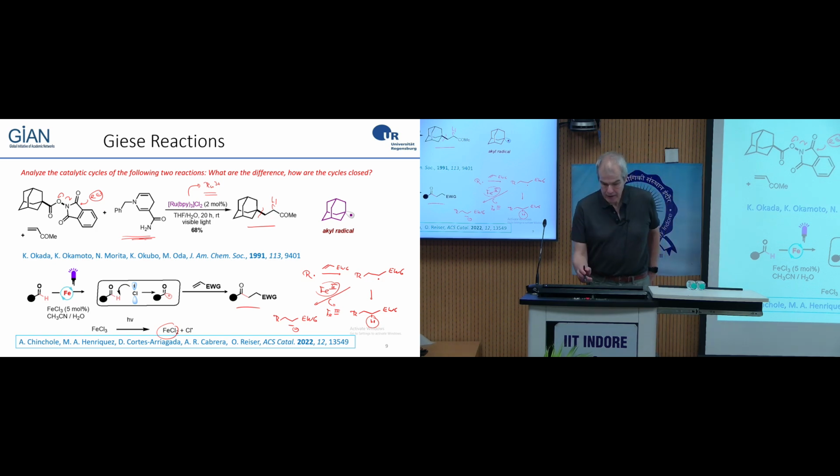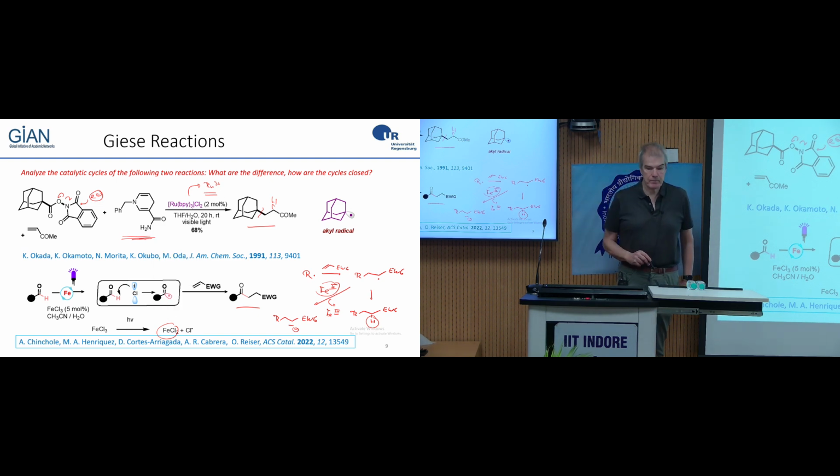Right? And so importantly to understand here, in the one case we need an oxidation to bring back our photocatalyst, because we have done this by the action of iron 3 chloride going to iron 2 chloride. So we have an initial reduction, and so we need a final oxidation in order to go back. And here we have an initial oxidation of the ruthenium 2, and we need a final reduction to bring it back.